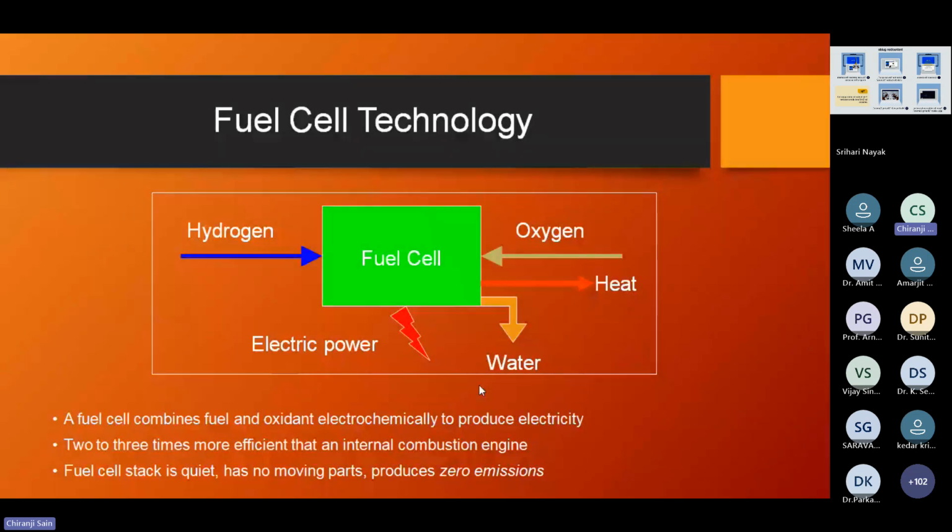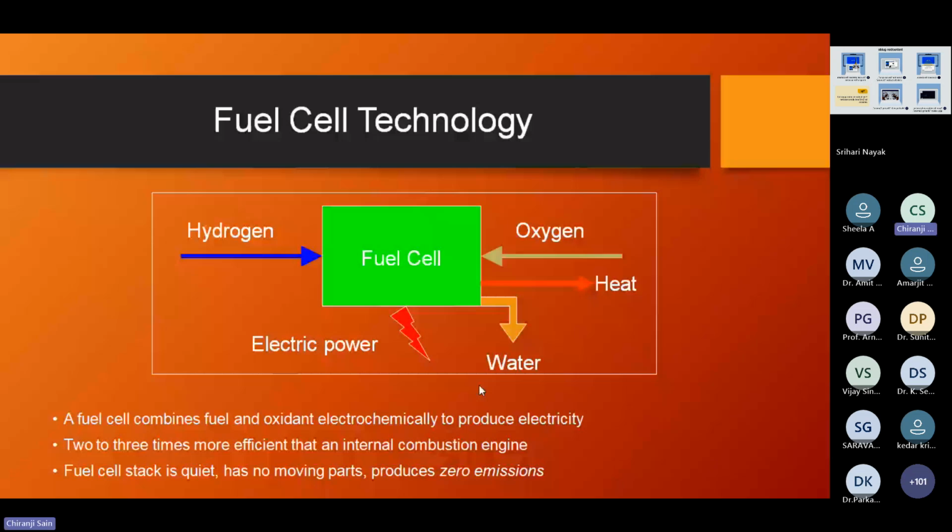The product of this reaction is H2O, that is, water, and H2O may be decomposed into H+ and OH-, the hydroxyl ion and hydrogen ion. So we could conclude that a fuel cell is a combination of fuel and oxidant, and the reaction is the so-called electrochemical reaction, and the ultimate outcome is that electricity is generated.